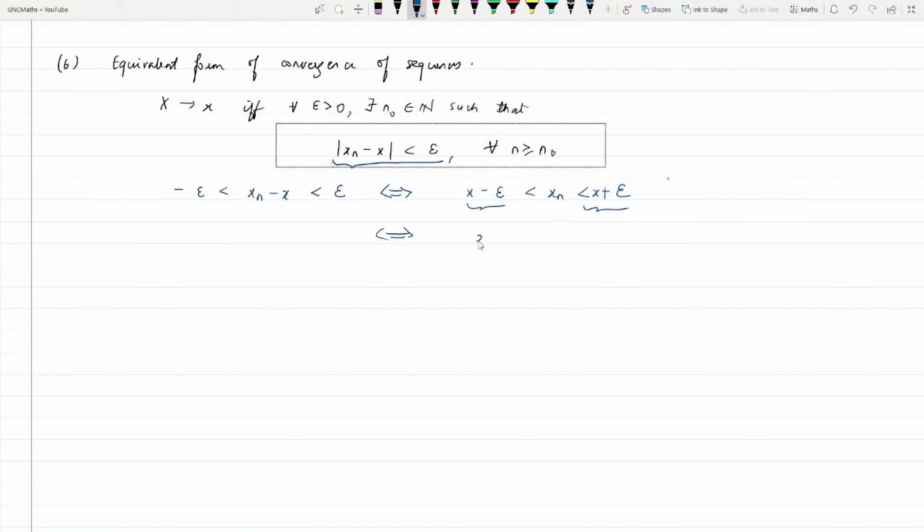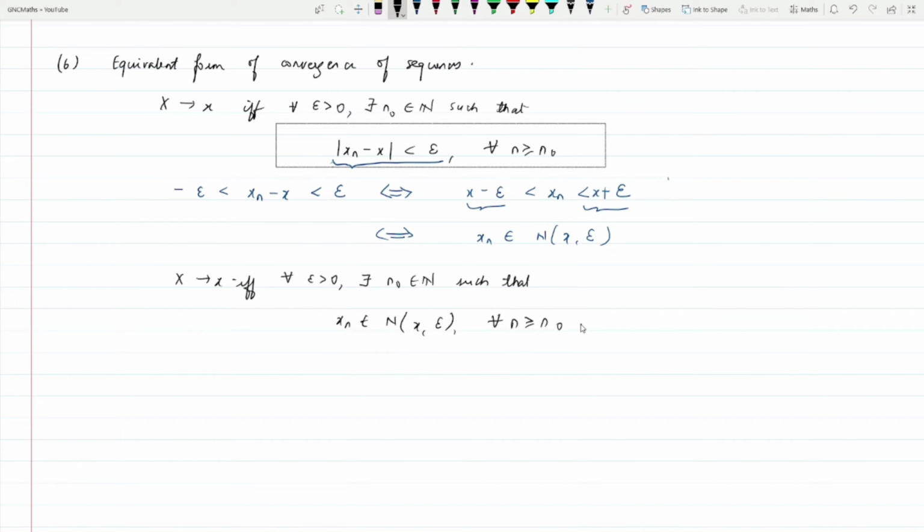So we can say that xn belongs to the neighborhood centered at x with radius epsilon. So we can also say that the sequence x converges to x if and only if for any positive epsilon we can find a natural number n0 such that xn belongs to the neighborhood centered at x and radius epsilon for all natural numbers n greater than or equal to n0.